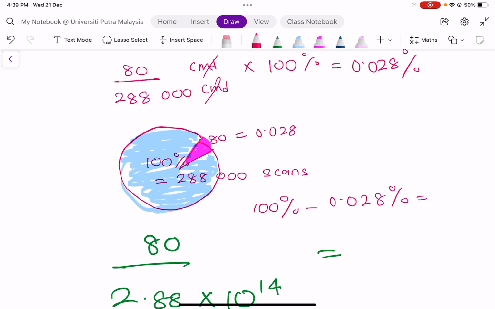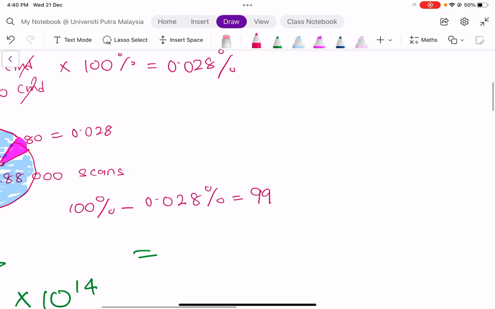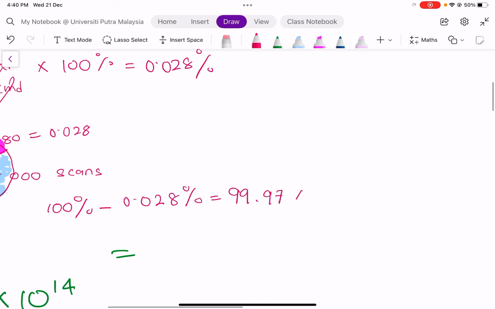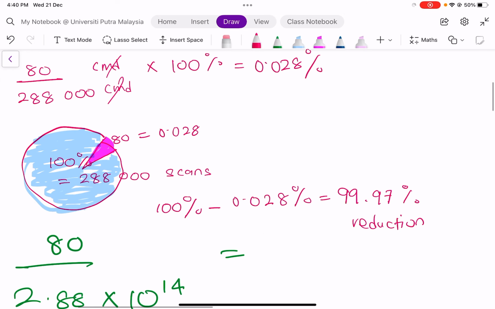So 100 minus 0.028, I would get 99.97%. And this is the reduction because this is the part that I am not using. Therefore, this part is reduced. Why? Because I am comparing it to the programmed I/O. I hope that is clear for everyone on why we have to do this part.